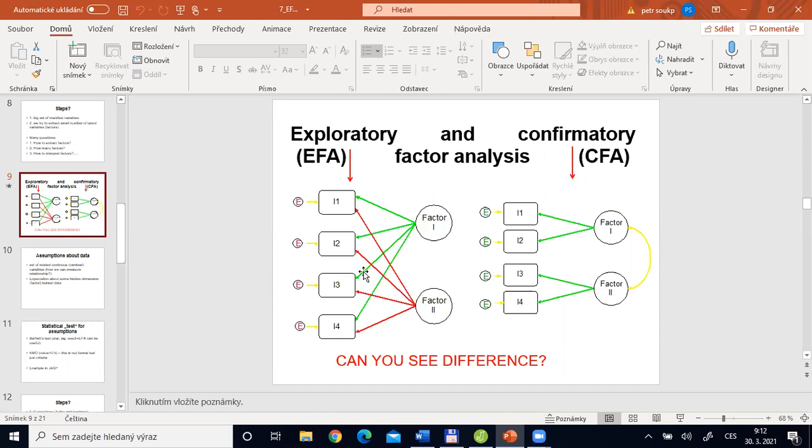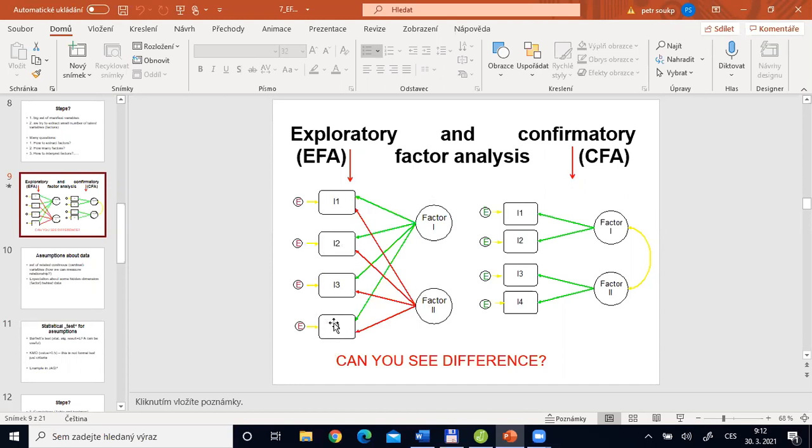According to the values of these lambdas, maybe I would interpret factor 1 as something common for the first 2 items, and factor 2 as something common for the second 2 items.